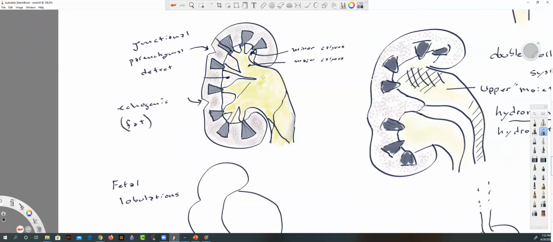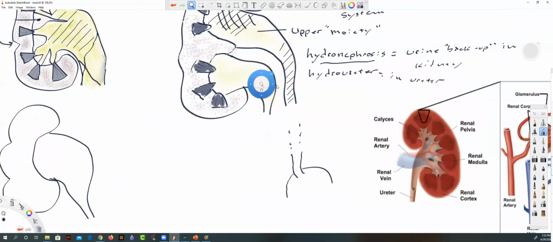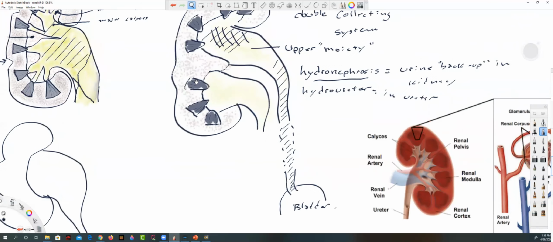And so fluid can build up in the collecting system all the way up here, but not in the ureter because that's where the problem is. If the problem is all the way down by the bladder, then you get fluid back up all the way up the ureter from the bladder. We'll talk another day about why this occurs. There's different reasons for it, but in this case, it's not specific.